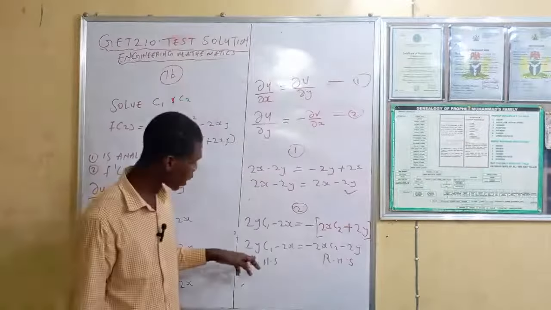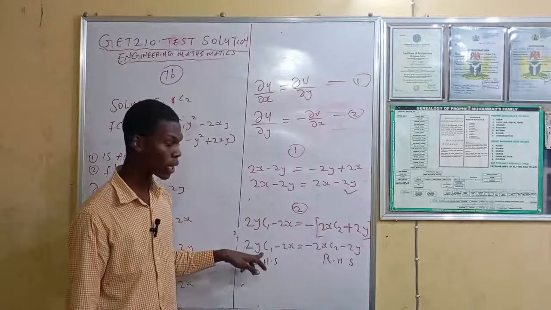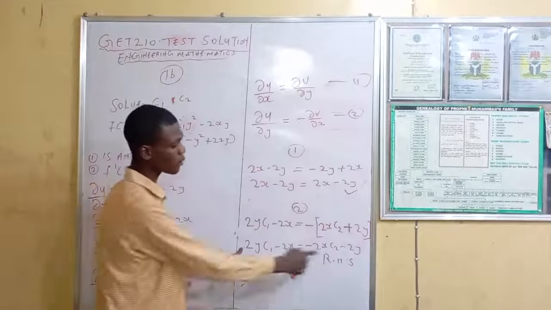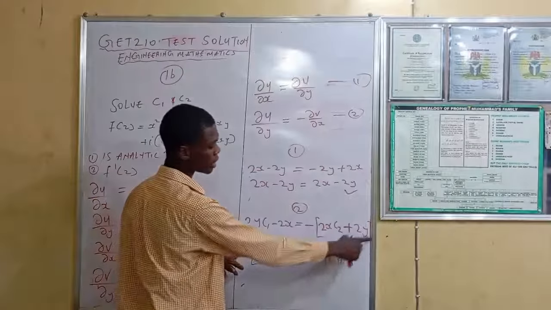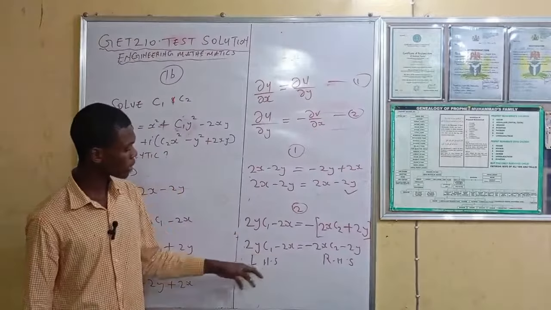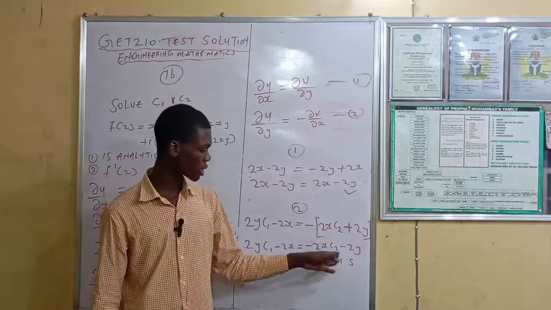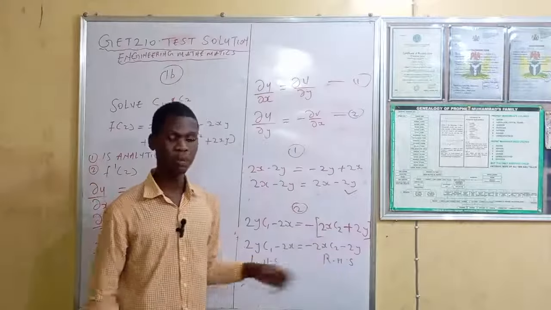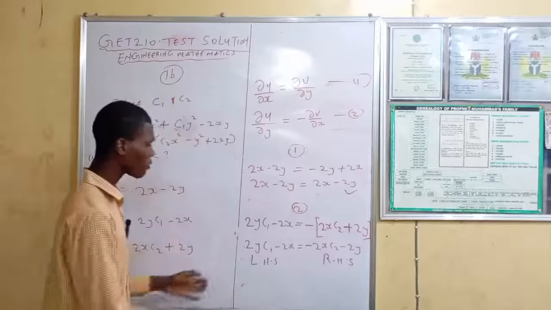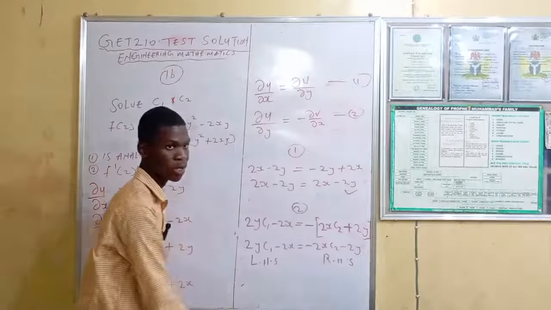We have 2y c1, the function of y in the left hand side, taking positive, while the function of y in the right hand side is having negative. Are you with me? In the left hand side, the function of x is negative, while the function of x in the right hand side is also negative, meaning the x function they are equal, but the y function they are not equal. We have positive and we have negative.